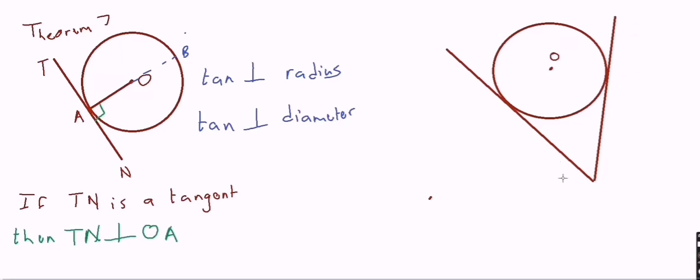Okay, let's say they touch at point A, or let's even use K. So let's say this is my point L and this is my point M. Then this can be our center, but at this point the center is not very important.